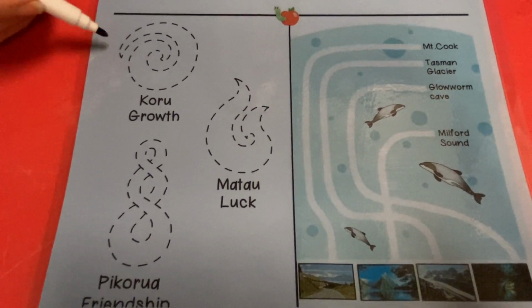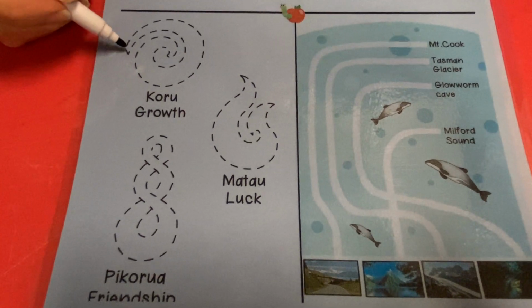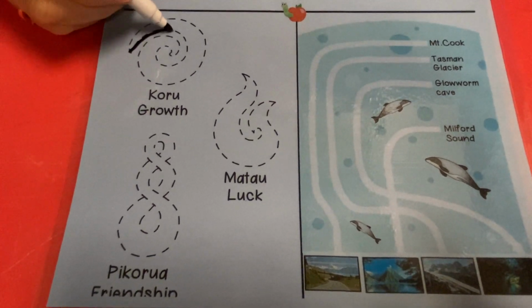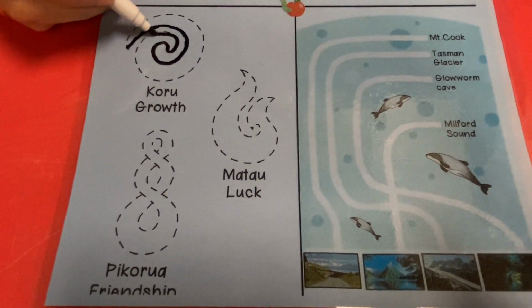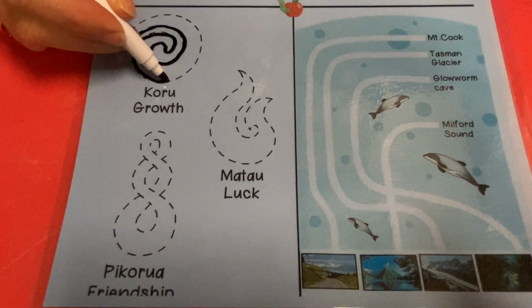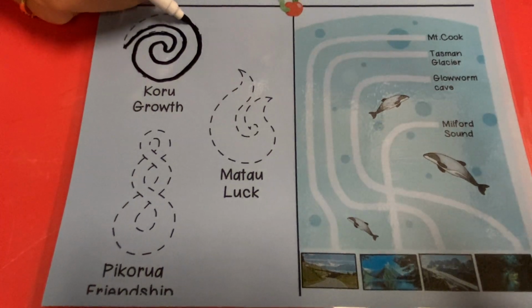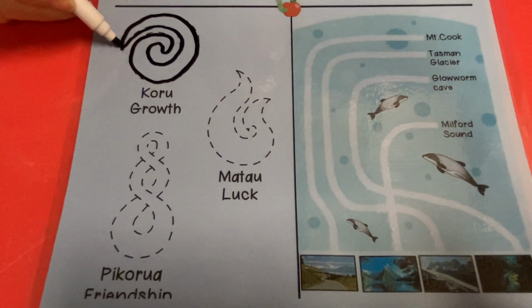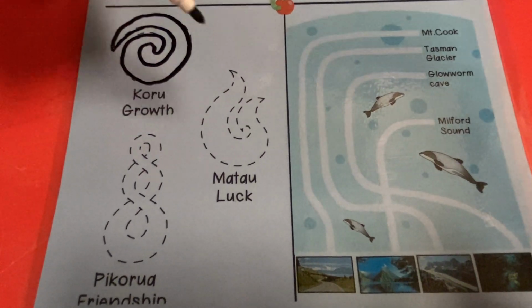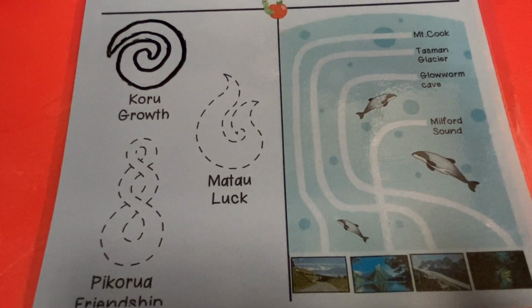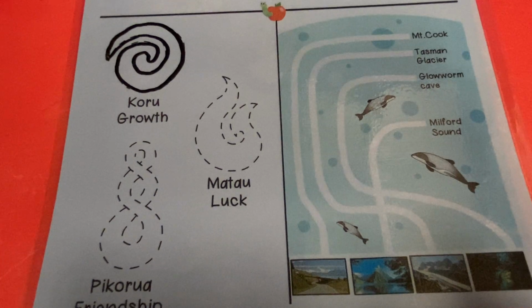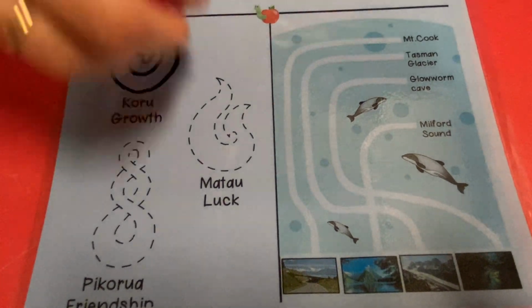All right, so your goal is to just trace it using your dry erase marker. Stay on the outside and just see if you can trace them. You could trace all of them, or you can see if you can make the same shape using your Play-Doh.